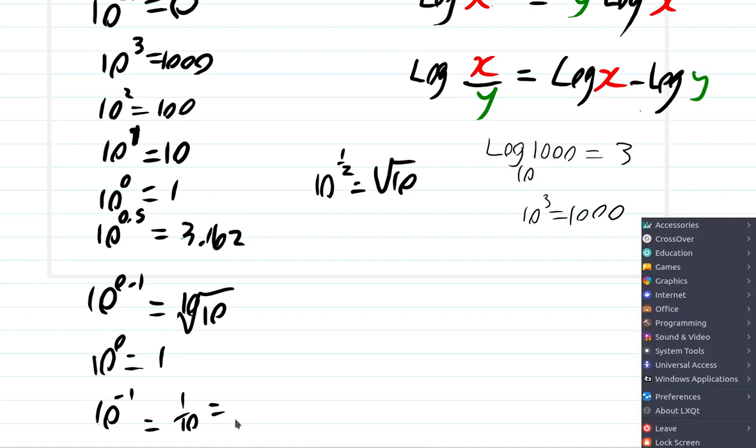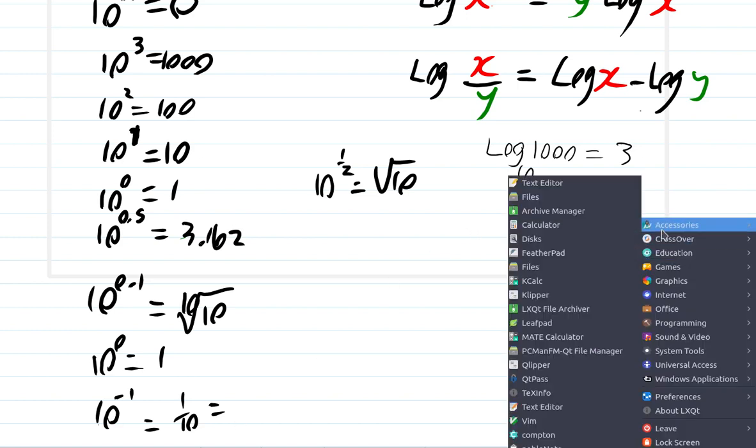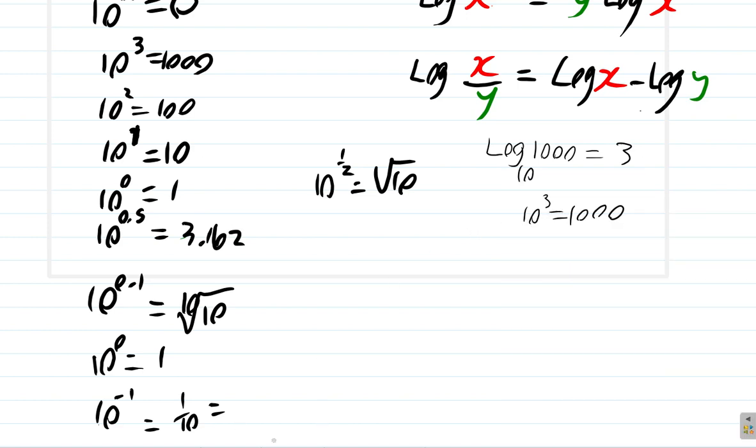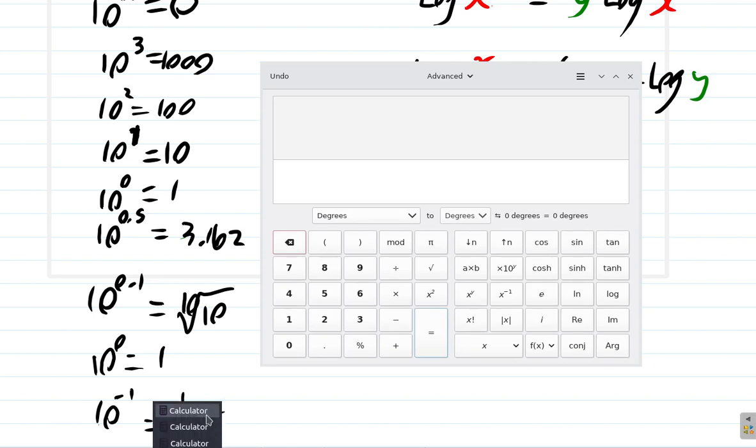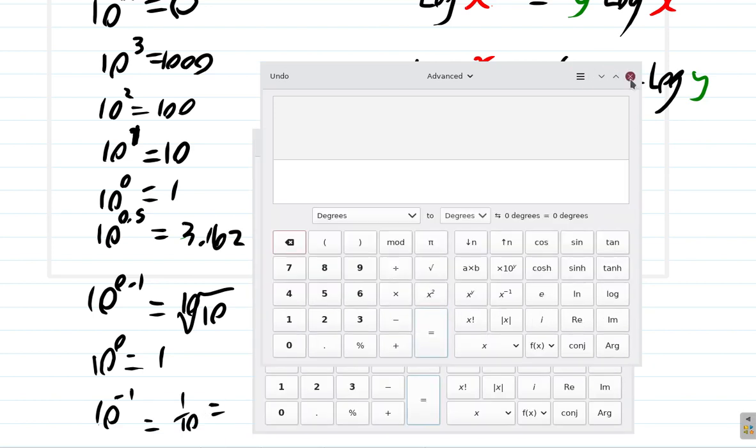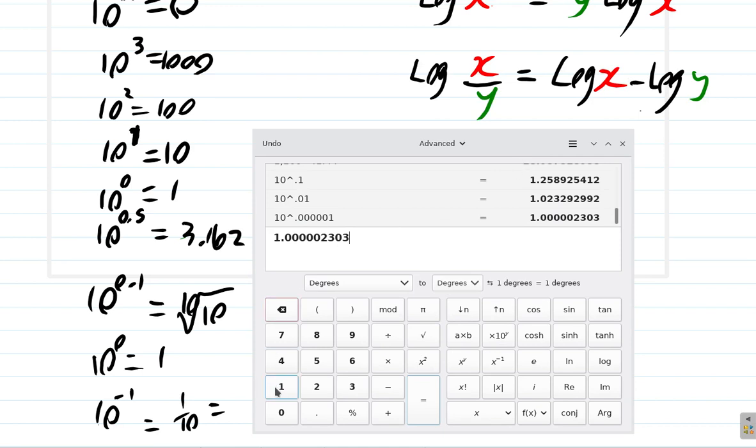But anyway, we continue with our calculator. What we're going to say is that we have 10 raised to the power of, let's put the negative 1 inside a bracket, 0.1.